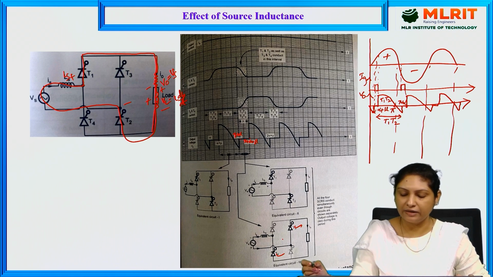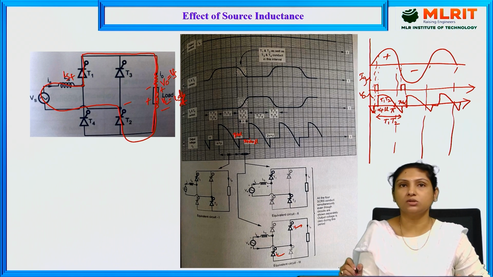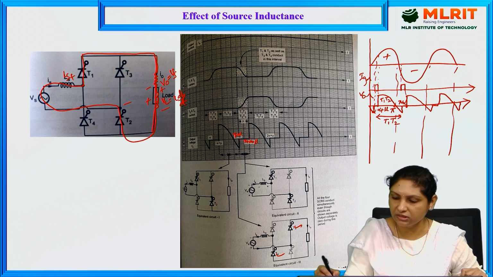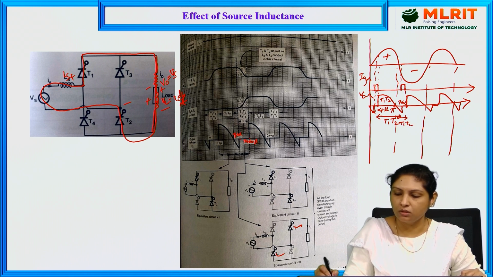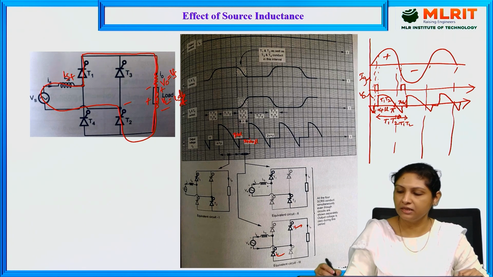And at the same time, T1 and T2 is also in the on position. During this period, both T1 as well as T2 and T3 as well as T4 are on.